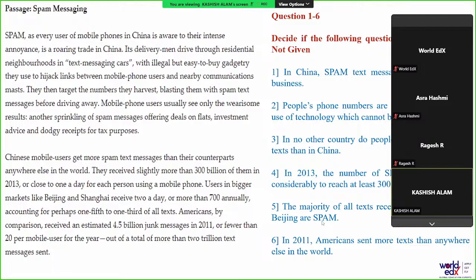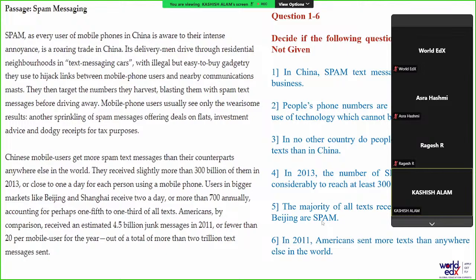So let's take up the first question. The first question says, in China, spam text messaging is a successful business. Now, first and foremost, I will look at the keywords of the question. And it says China, that's one of the nouns. Spam text messaging, successful business. What exactly I have to verify is whether the spam text messaging in China is a successful thing or not.